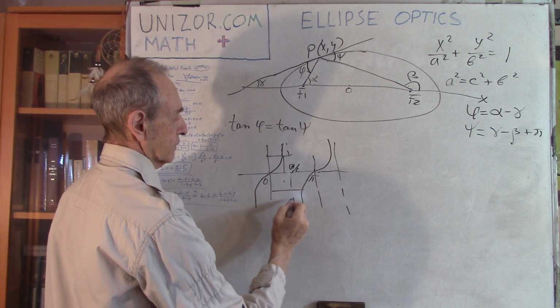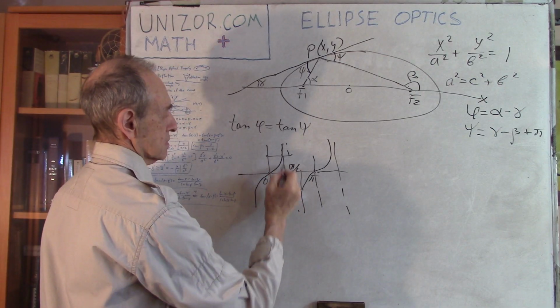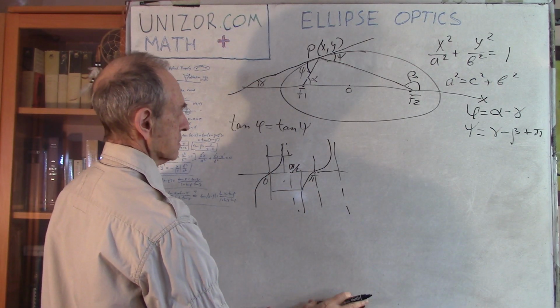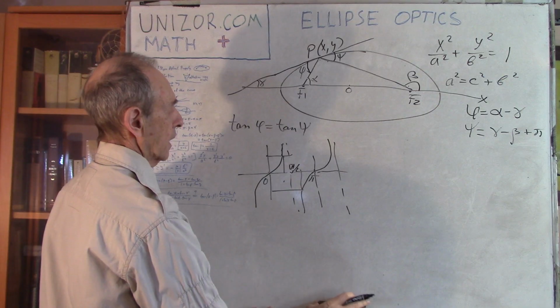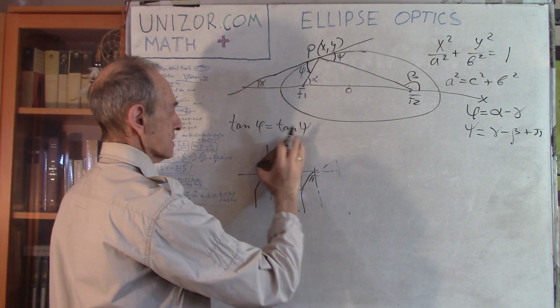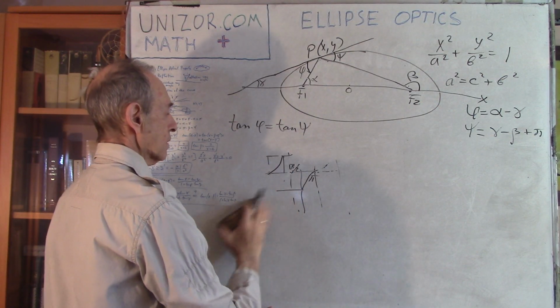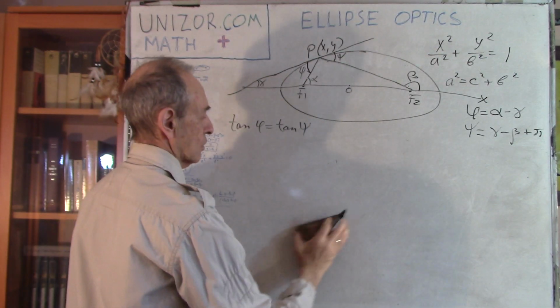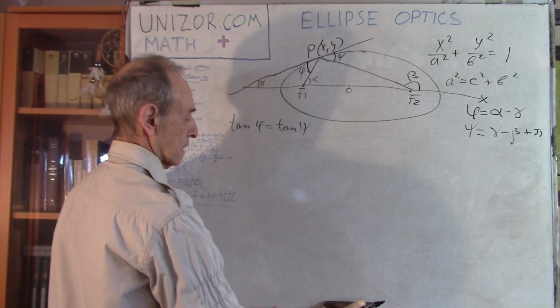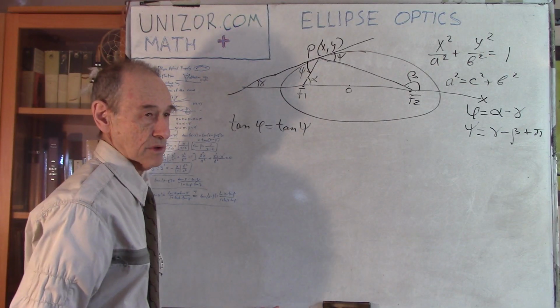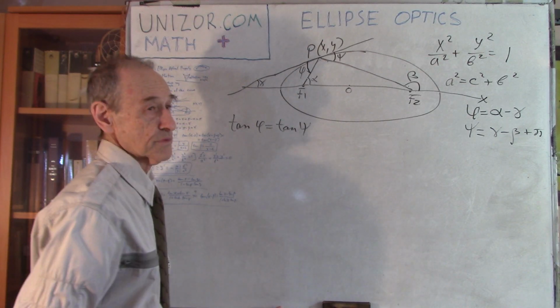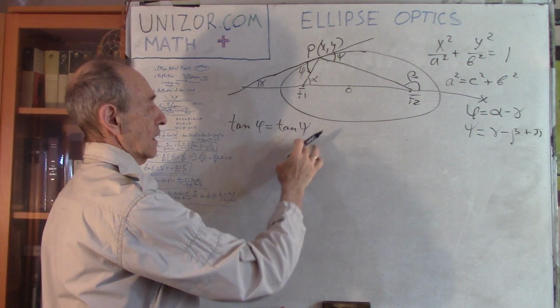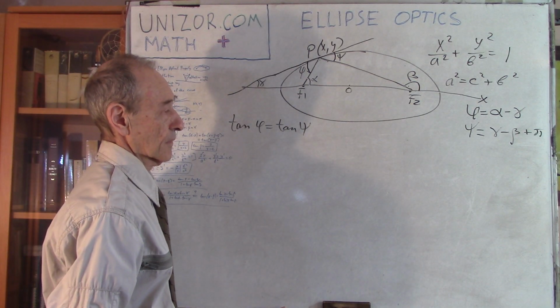And if you have negative, it will be here. So it's 1-to-1 correspondence within 0 to pi. And pi is a period, right? So within the period, tangent is function which gives you 1-to-1 correspondence between angles and the values of tangent. So I will just prove this one instead of proving that phi is equal to psi.